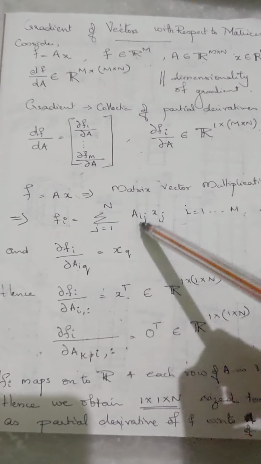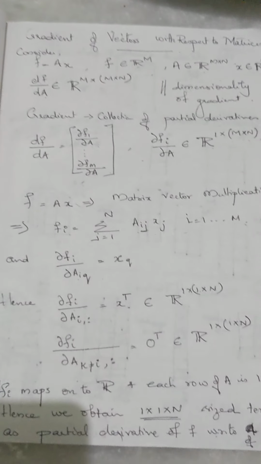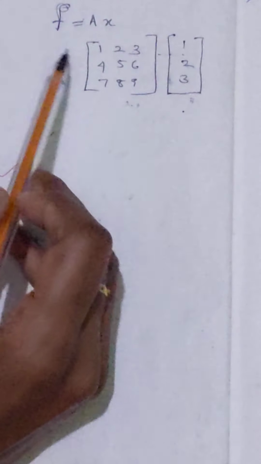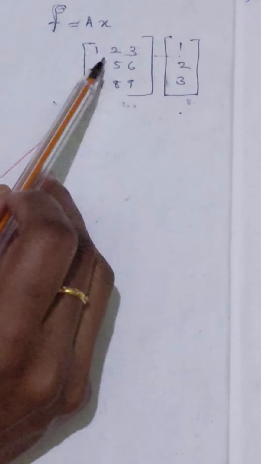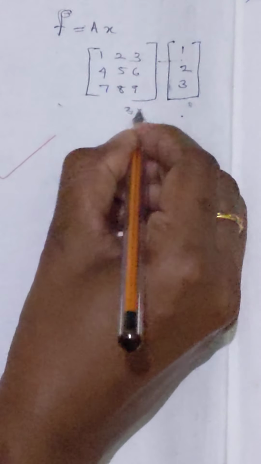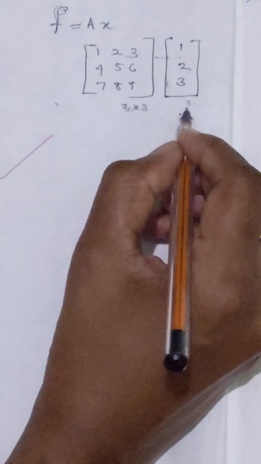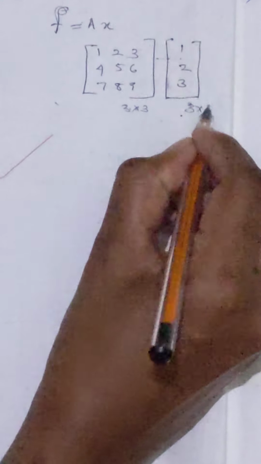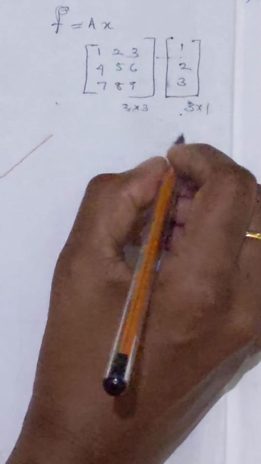Multiplication means it will take this form, A_ij x_j. Consider for example f is equal to Ax, where A is a matrix and x is a vector. A becomes a 3 by 3 matrix, and x will be a 3 by 1 matrix. So what will be the resulting answer?